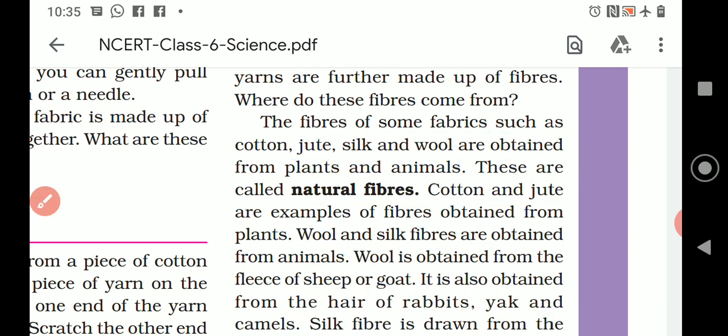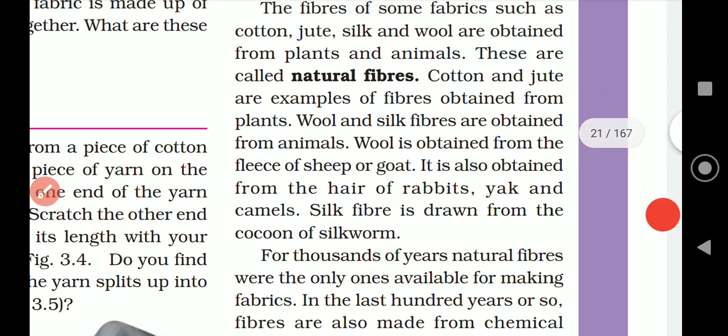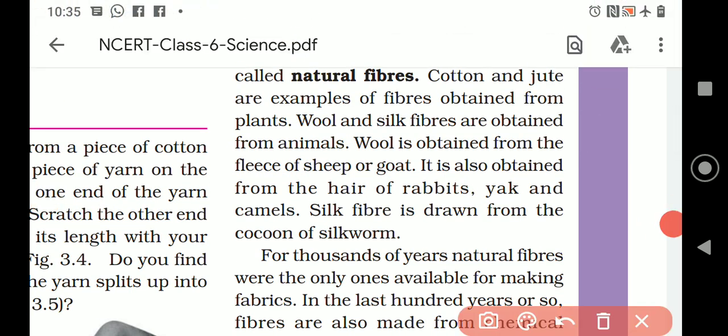And from where do you get wool? From the hair of rabbits, yak, and also camels. Silk fiber is drawn from the cocoon of the silkworm. Okay, so now we have started about the natural fibers. The natural fibers are fibers which we obtain from nature, either from plants or from animals, right?